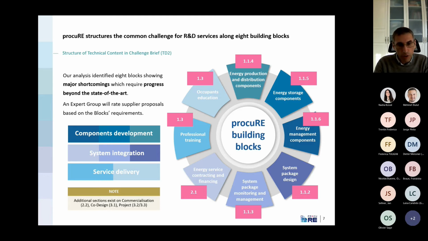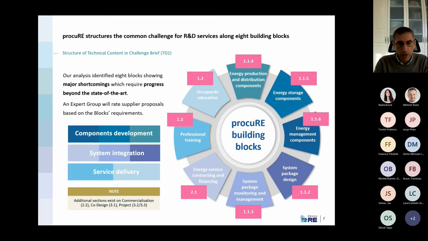Therefore, again, what we would like suppliers to look into is the financing of these solutions. So we don't want you to only look at the problem from the technical perspective. What we would like to also have is solutions that are evaluated and well thought from the economic sustainability perspective.